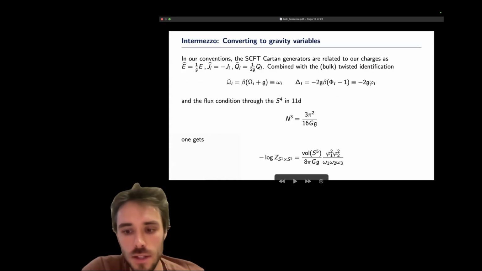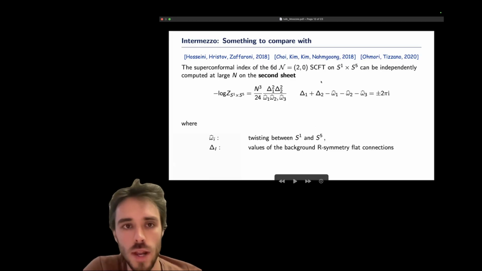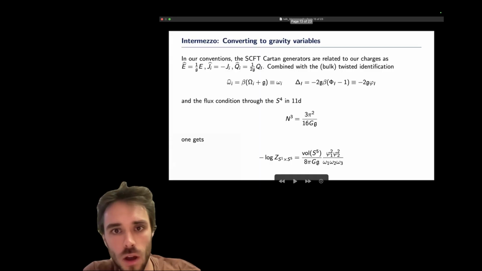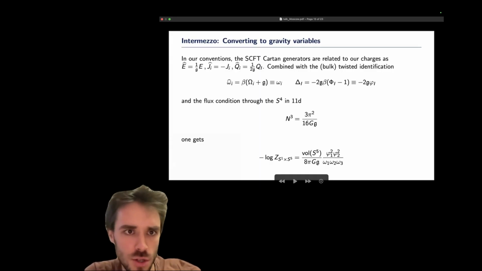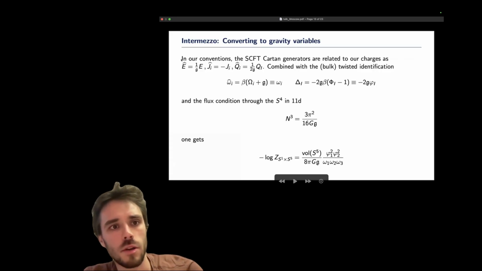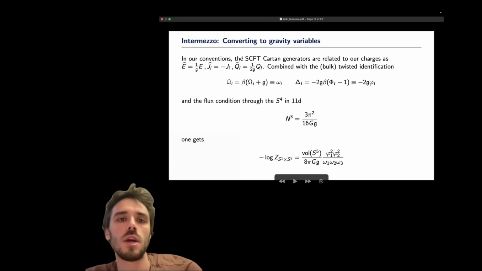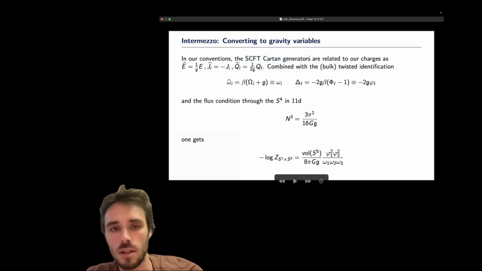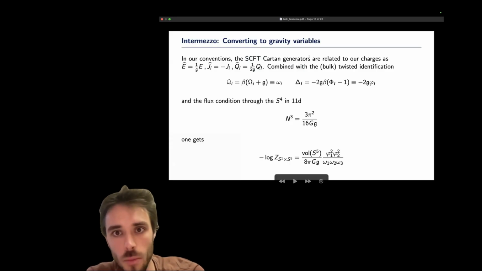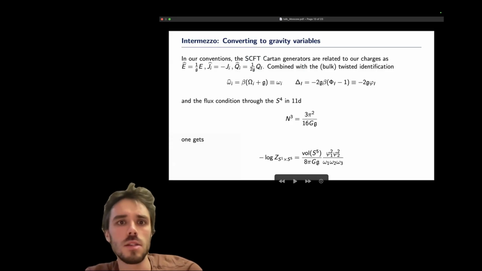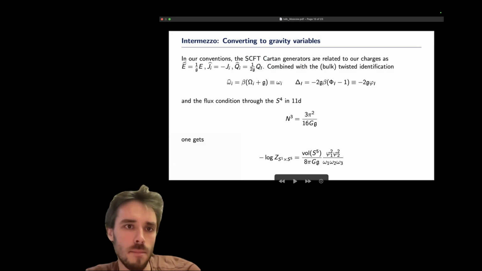Now, this is written in terms of field theory variables. So let's do a little bit of holographic dictionary exploitation. In the conventions that we have been using, the Cartan generators of the SCFT, so that is the deltas and whatever couples to the deltas and the omegas, these generators, I will be denoting them by a hat, standing for field theory.